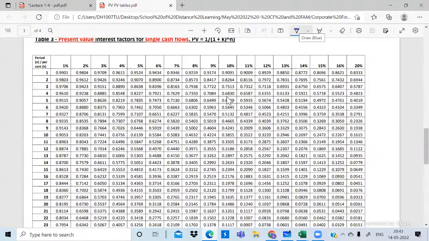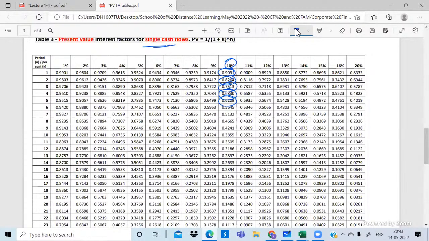I look at 10%, but this is my present value factor table. This is not my present value annuity factor table. So the present value factor for the first year is 0.909. Second year is 0.82. Third year is 0.75. Fourth year is 0.68. And for the fifth year, it is 0.62.